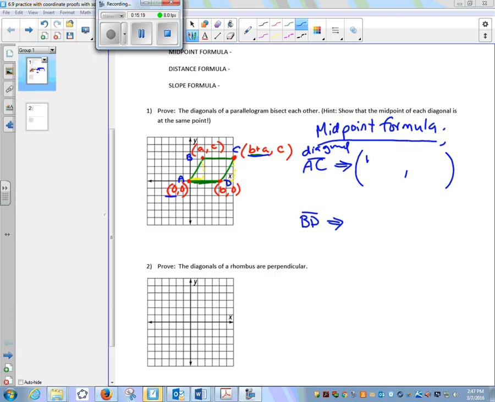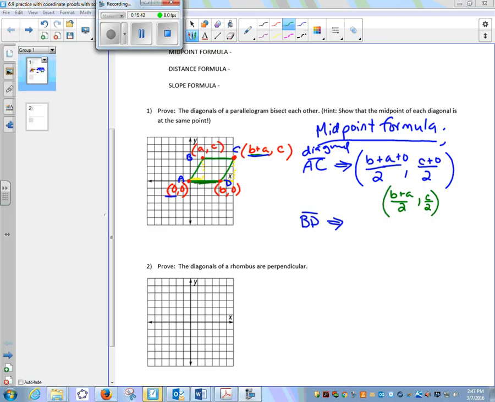So that's b plus a over 2. Sorry, b plus a plus 0 over 2. That's adding the x's. Adding the y's, c plus 0 over 2. When you simplify that, and you should always simplify, b plus a over 2, comma, c over 2.